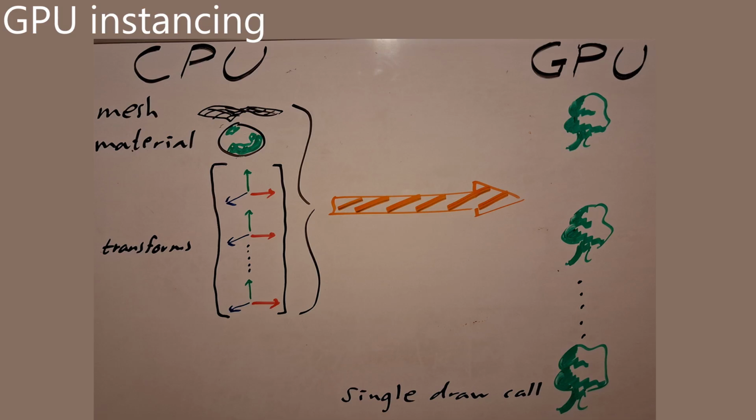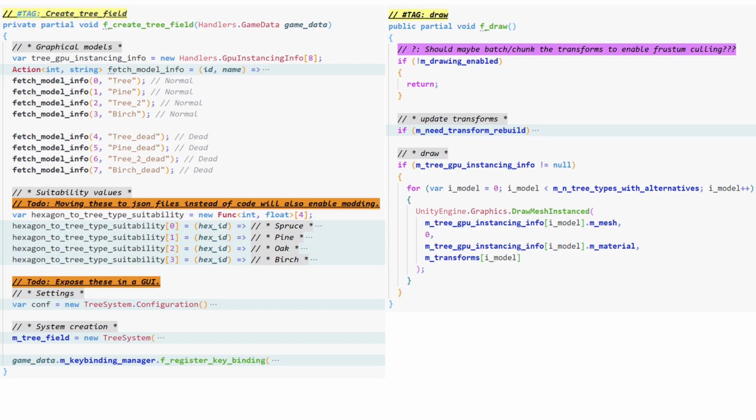Transforms are just matrix 4s, which are very cheap compared to meshes or materials. The shader on the GPU side will then perform the instantiation or cloning. This is the technique I use for drawing all my trees, and it works pretty well.